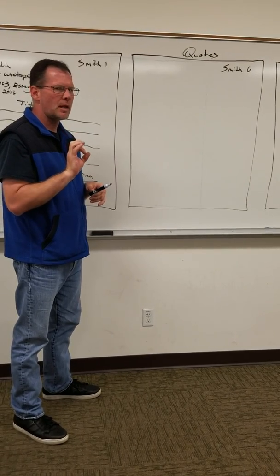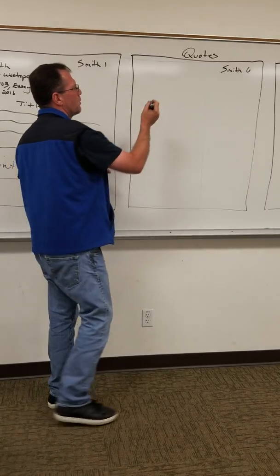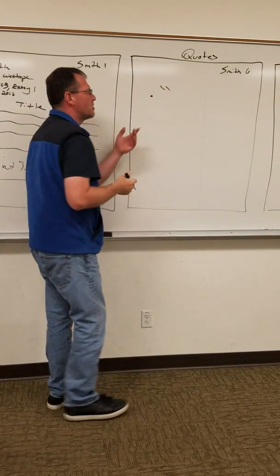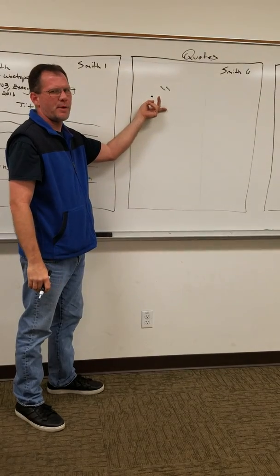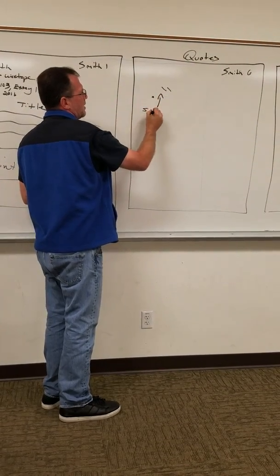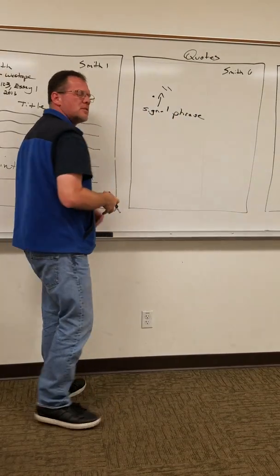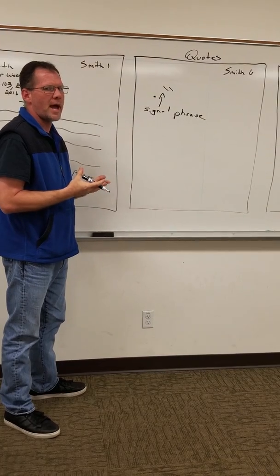So, academically, we do not start sentences with quote marks. In other words, this is something that I'll never see in an academic essay because I always have to have a signal phrase to introduce whatever quote you have.